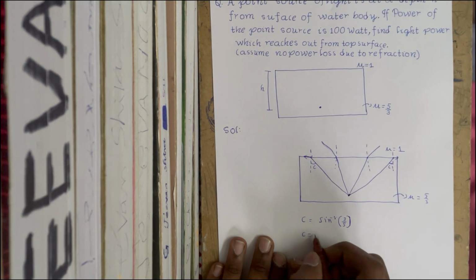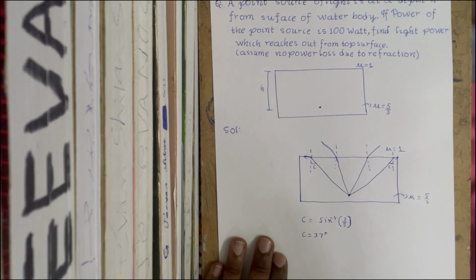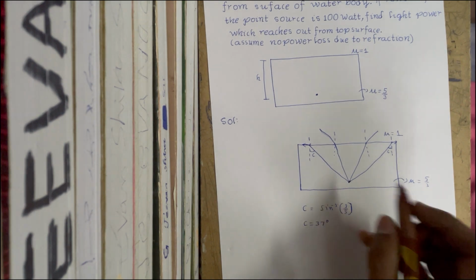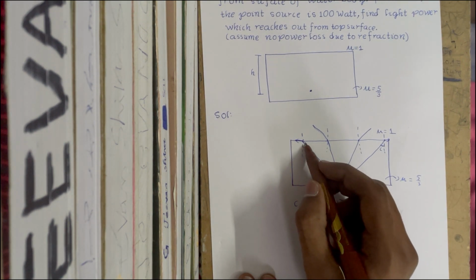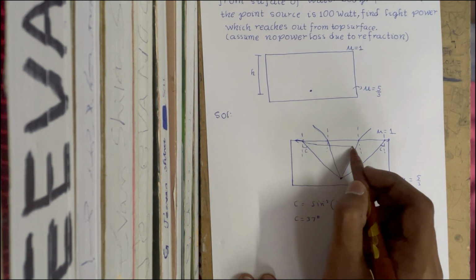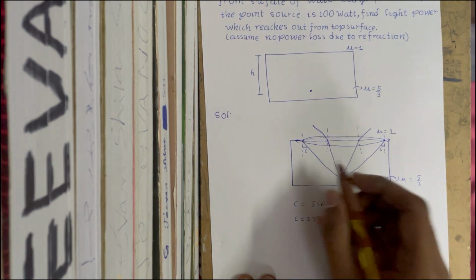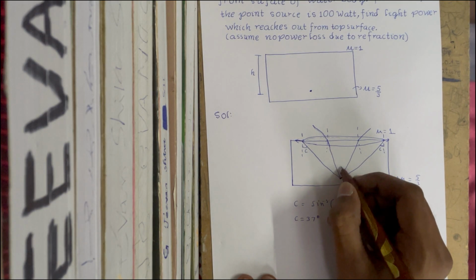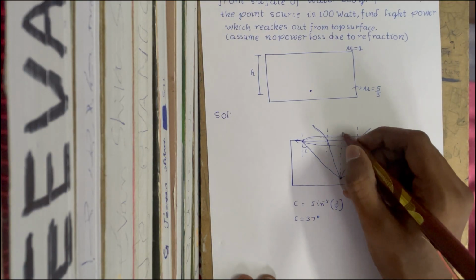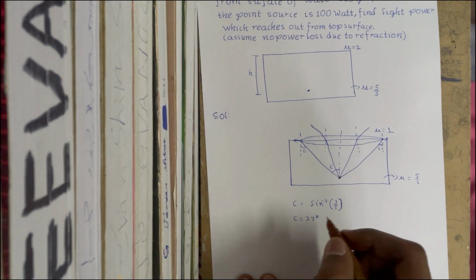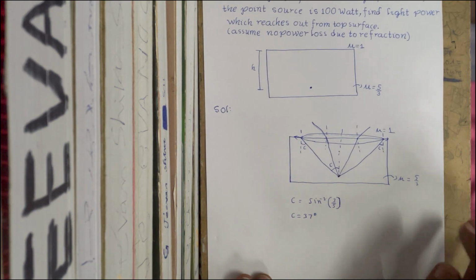So c equals 37 degrees. So this was basically a cone, right? So if this was c, then this would also be c.